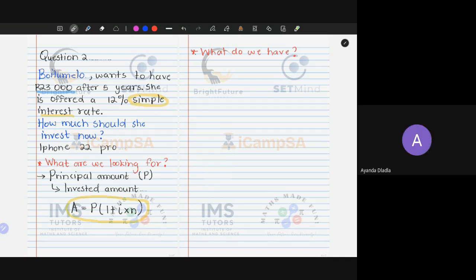A. What is the A? 23,000. What else do we have, guys? Anyone else? Interest. Be quick. We should be active, guys. We have n, which is the 5 years. On point. 5 years. What else do we have, guys? Who's next?